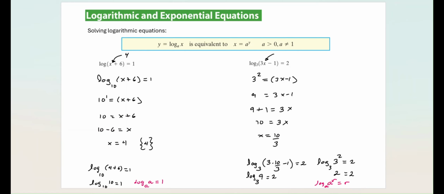So yes, in this case, the solution of the equation is 10 over 3. In these two examples, I have solved the equation by using the relation between logarithmic statements and exponential statements.